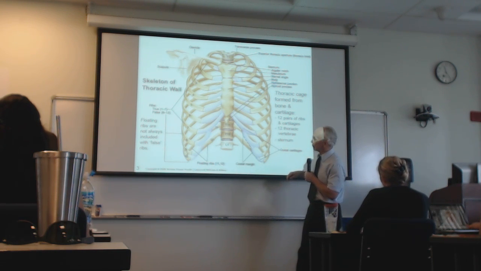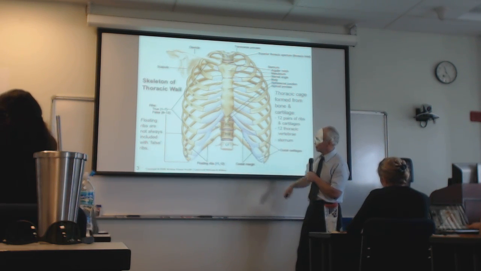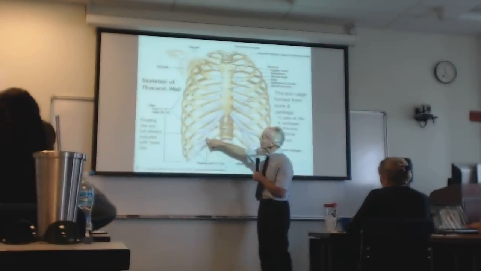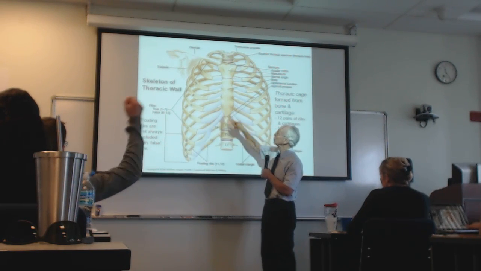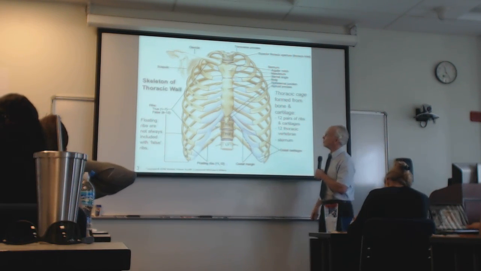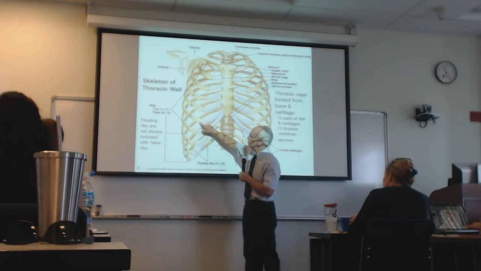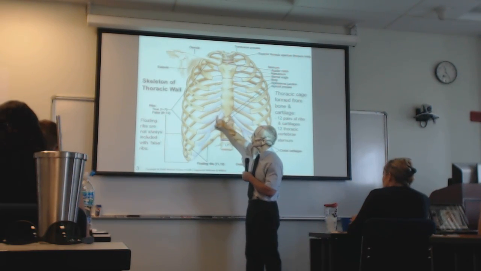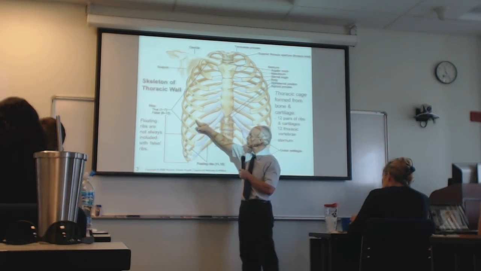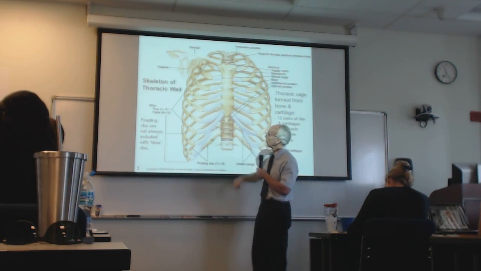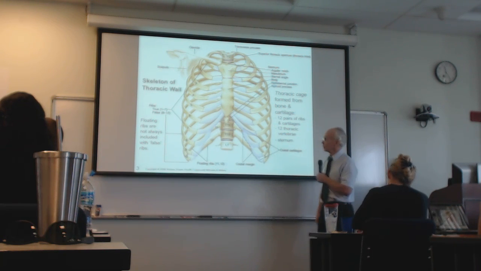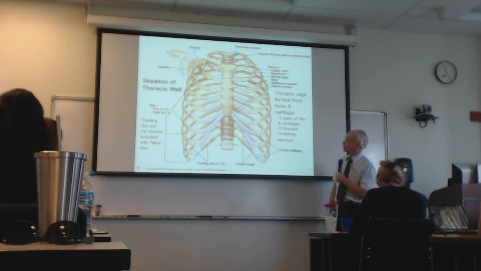And some of these, certainly the first 7, will attach directly to the sternum or the breastbone up here. Now, when I say the ribs attach, notice that's not quite true, because the anterior component of each of these ribs is actually cartilage. This is the bony compartment that you see here. This purple is actually cartilage.